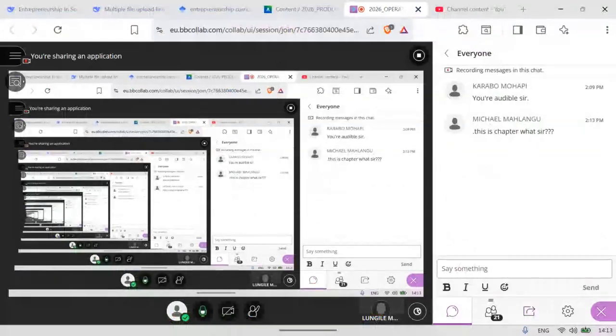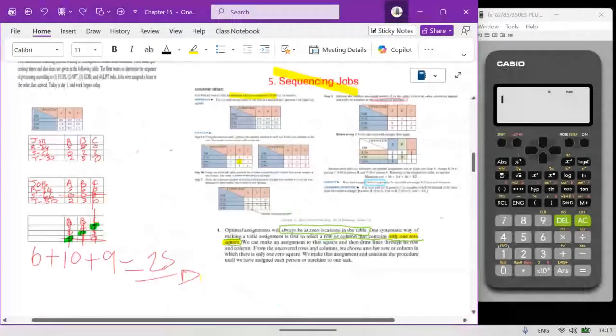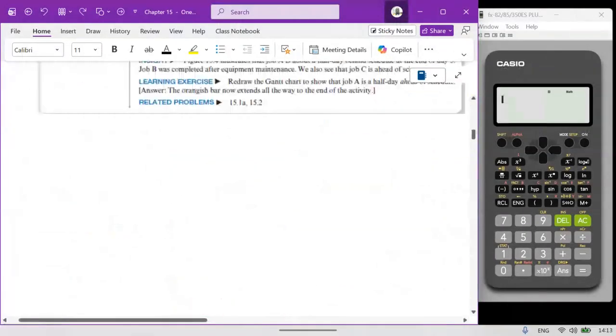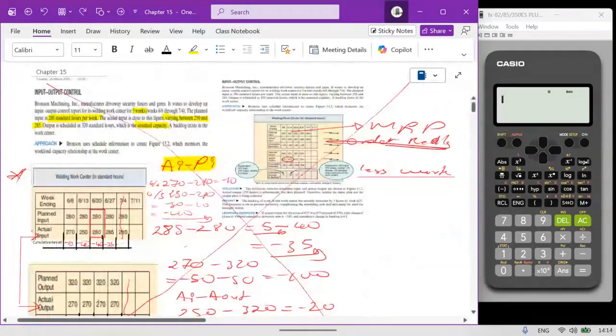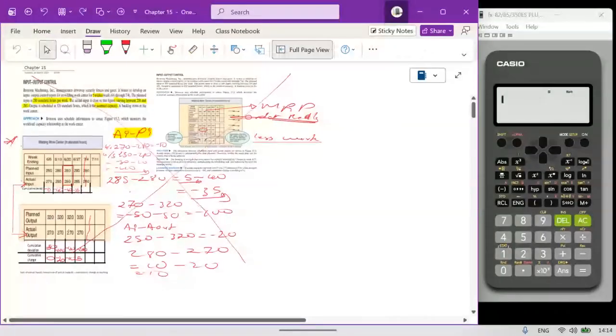Okay, the chapter, chapter 15, guys. So there's a first part here that we do called input output control. I don't have a lot of content on this thing, and I don't feel it that much.